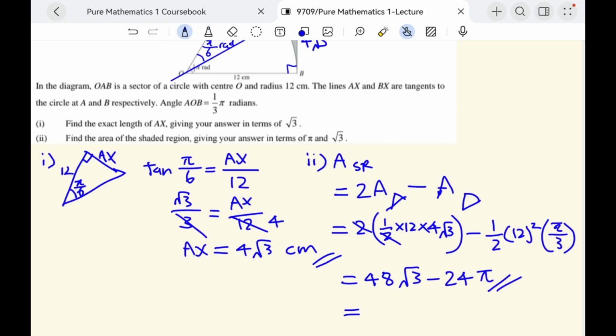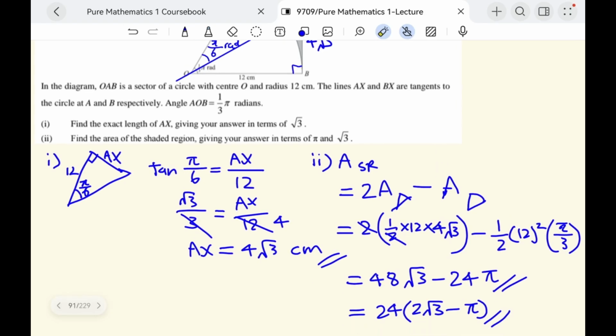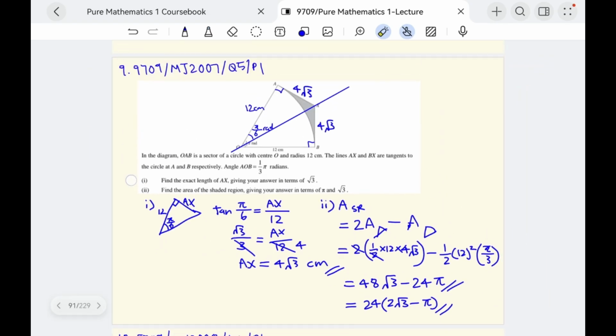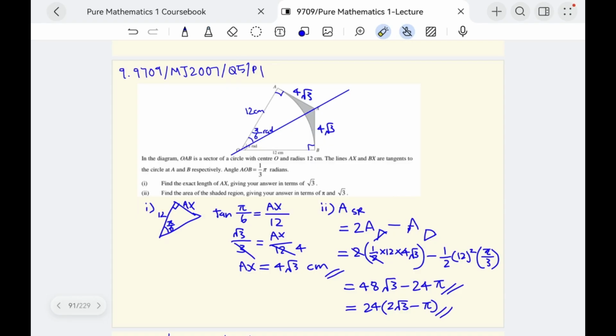So you will get 24 times the bracket of 2 root 3 minus pi. It's also acceptable as long as the answers are equivalent, or in any other forms. However, you can't leave your answers in decimal form, as this will deduct your accuracy mark. Alright, so it comes to the end of the discussion for this question. Let's move on to the next question.